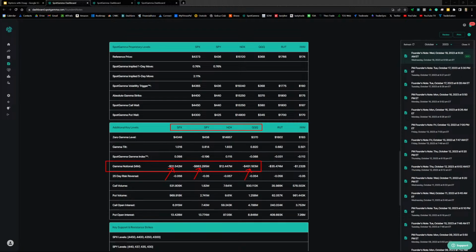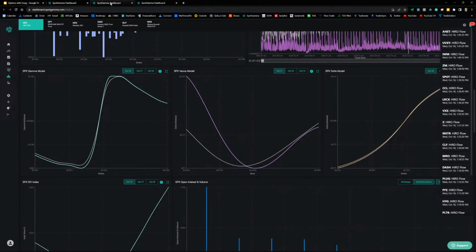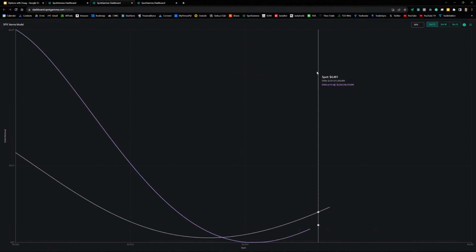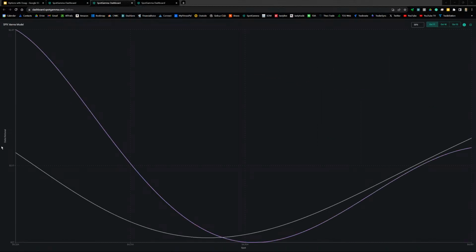All right, let's take a look at the Vanna model now to see a graphical representation of what this actually means. So this is SPX, the Vanna model. This chart is showing market makers' delta notional on the vertical axis and price on the horizontal axis, again for SPX.